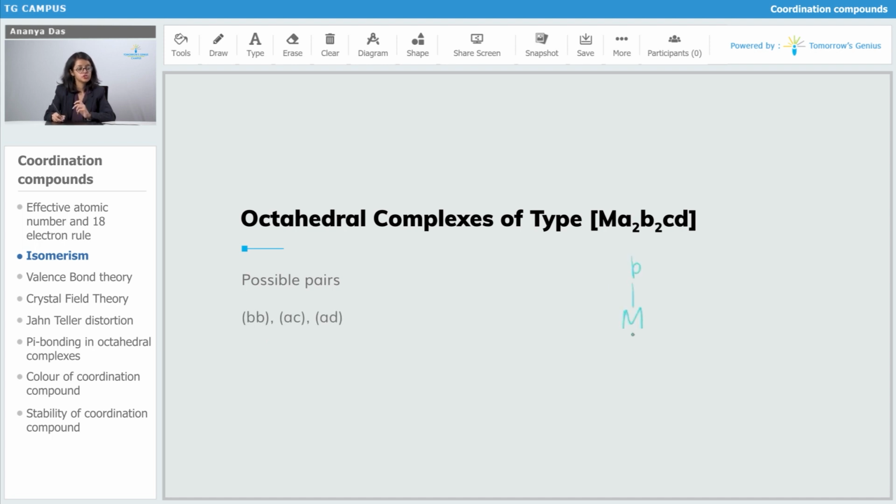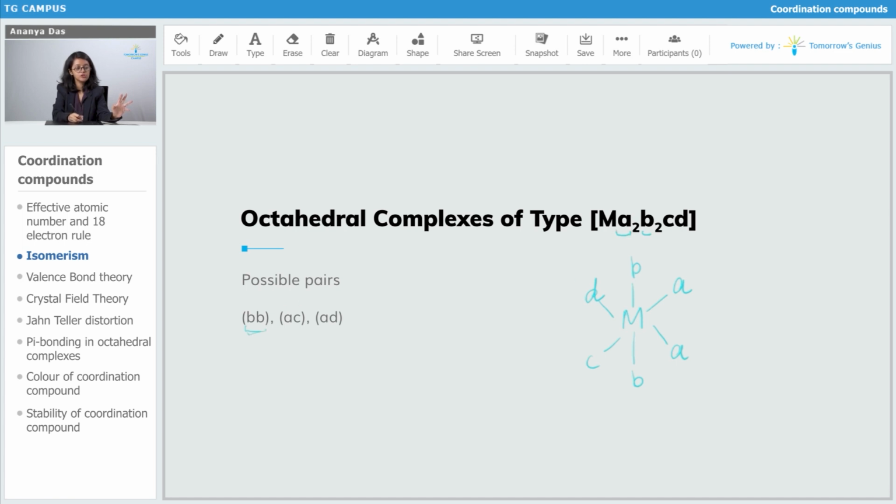B is trans to B, A is trans to C, A is trans to D. Now see, when you are writing the possible pairs, you can only keep the ligands which are actually present. There are 2 B's present here. In the possible pairs also there are only 2 B's. 2 A's are present here.